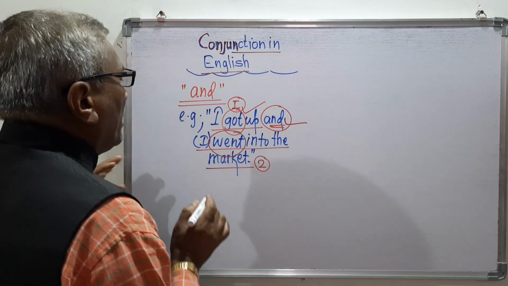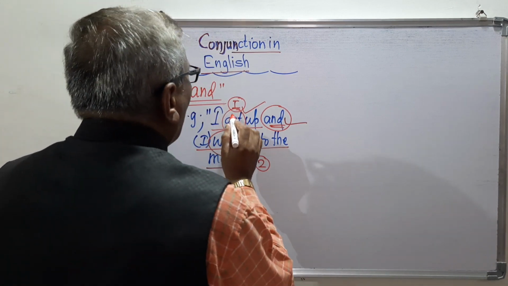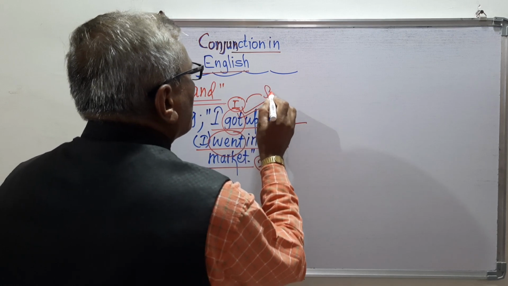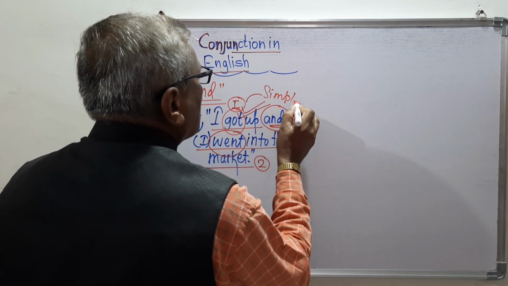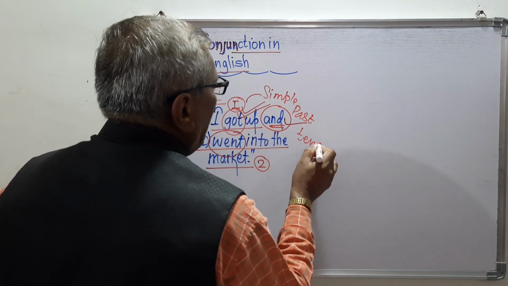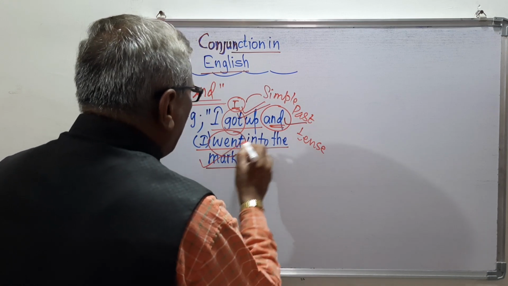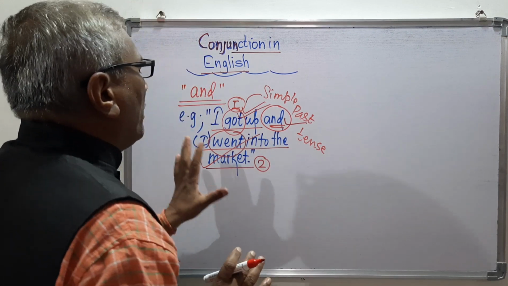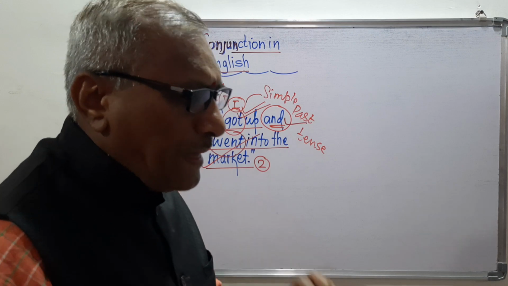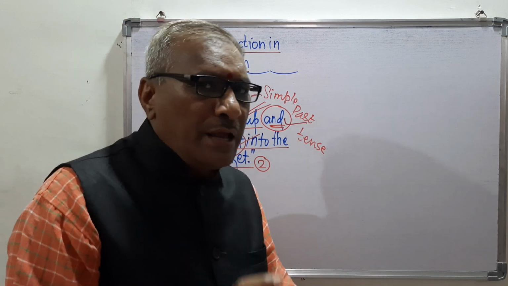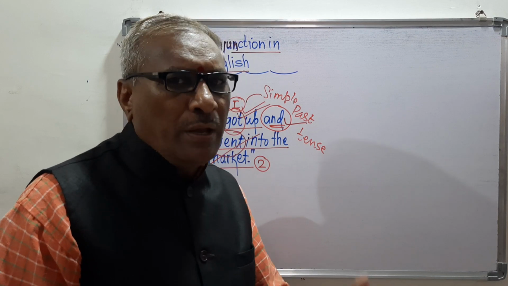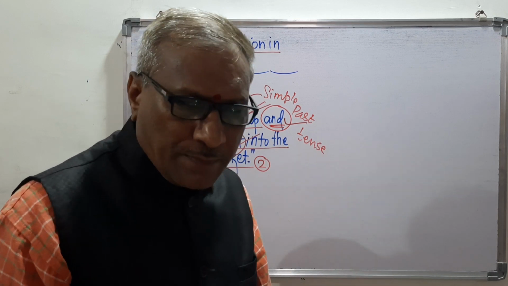It means that here I have taken the first sentence in the simple past tense, and I have taken the second example also in the simple past tense. So it is very clear that if you are taking the first sentence in the simple present tense, the second sentence should be in the simple present tense.